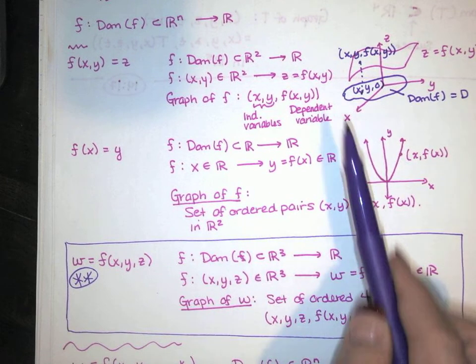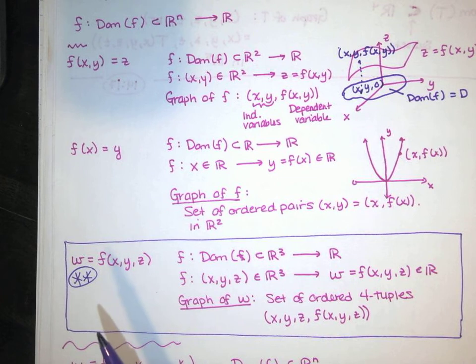There's no fourth vector that I can draw that's perpendicular to all three of those at the same time. So that means I can't graph this. There is no fourth dimension to take care of this fourth variable over here. So I'm not able to graph this set of ordered 4-tuples in the traditional sense.